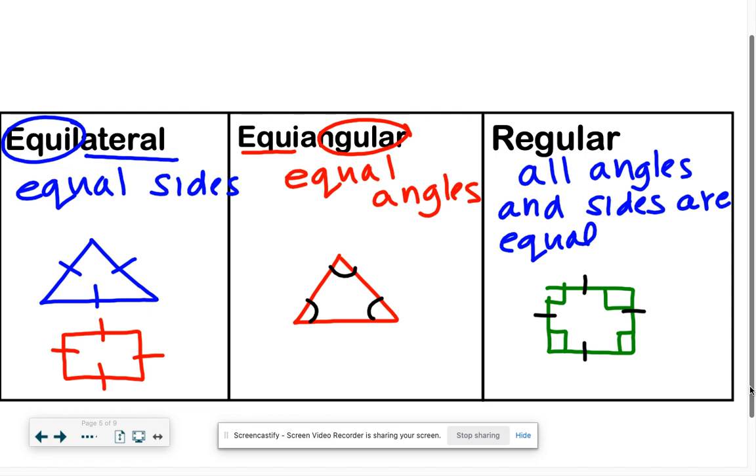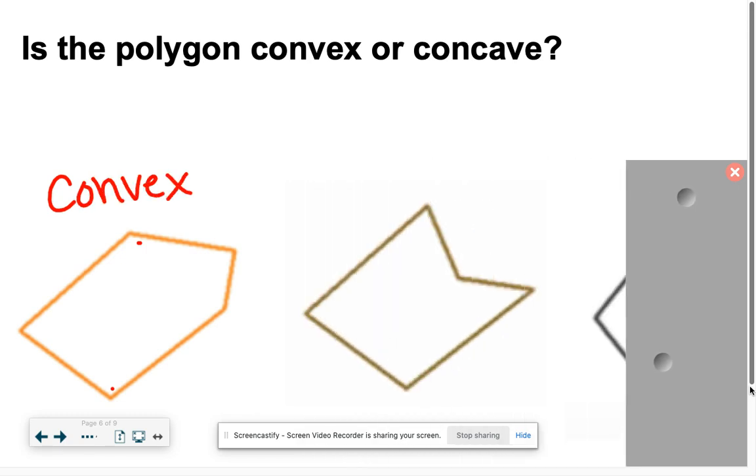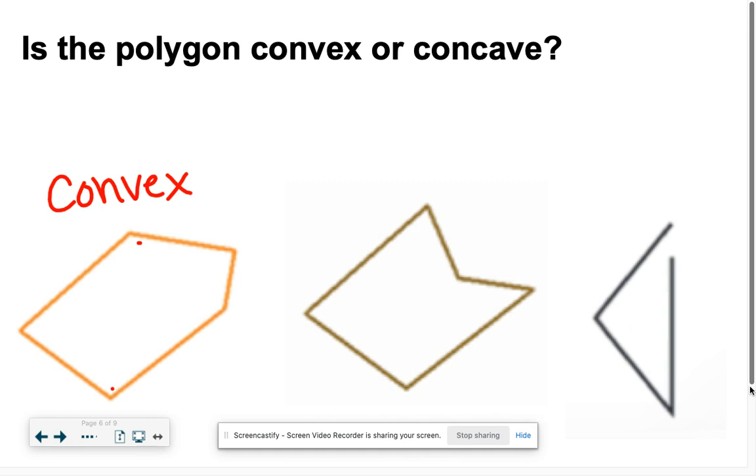Okay? So next, is the polygon convex or concave? Well, do I have any of my sides here, any of my corners that are caving in anywhere? Nope. So this one would be convex. I guess we can just get rid of this. This next one, it does dip in, right?